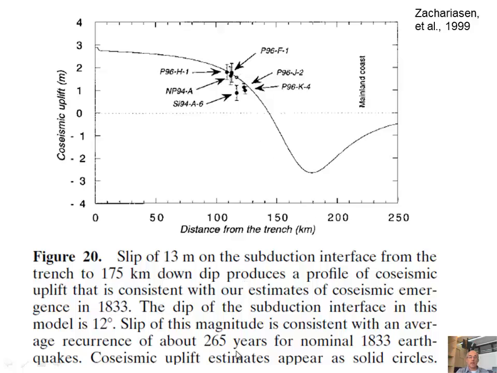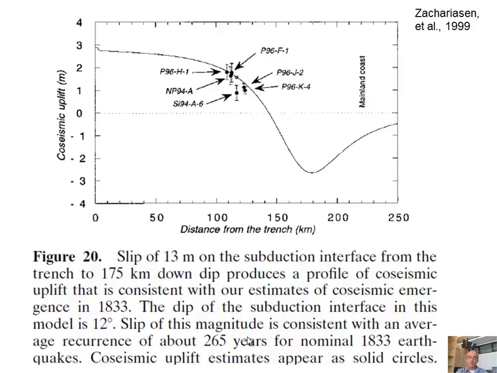And then she even speculates, well, if you have 13 meters of slip and the down dip rate, so the convergence is like 67 millimeters a year, but it's oblique. So if you just take the down dip rate, it's about 50 millimeters a year. So 50 millimeters a year takes something like 265 years to recover the 13 meters of slip. So she does a very simple estimate for recurrence interval, 265 years.